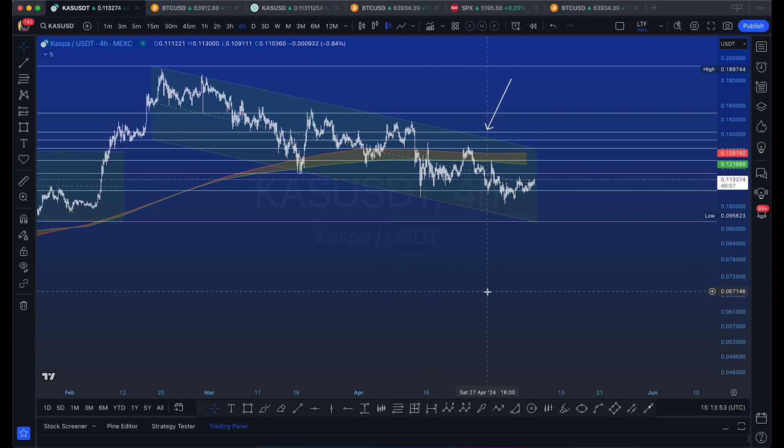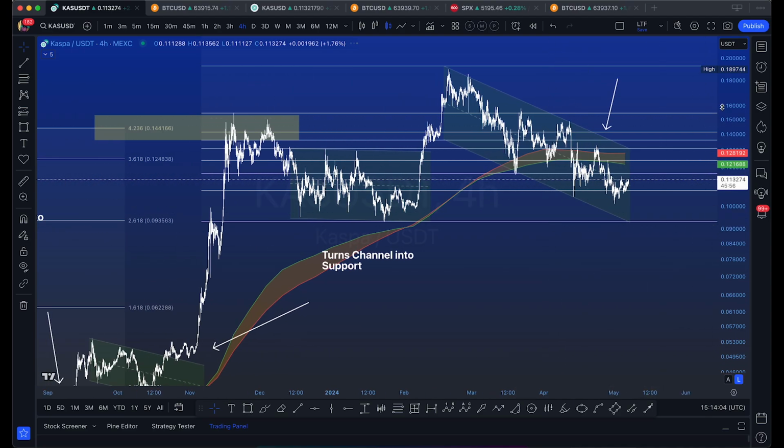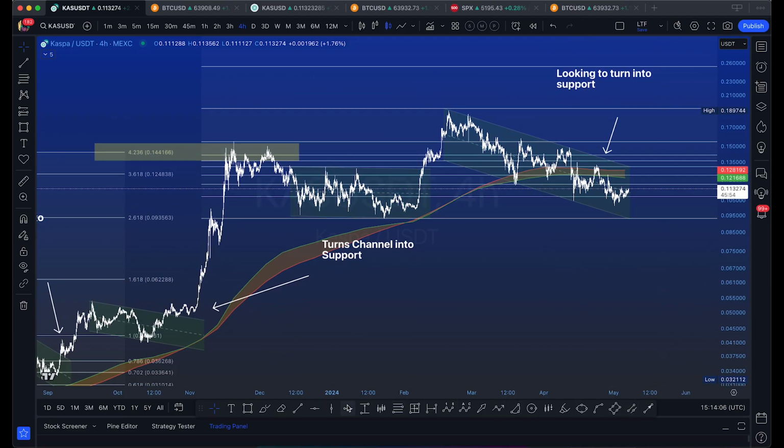So me personally, I expect at one point it will begin holding this midline just as it has in the past, and then it will trend up, and at some point, it will back test the upper end of this trend line, and then it will continue up.